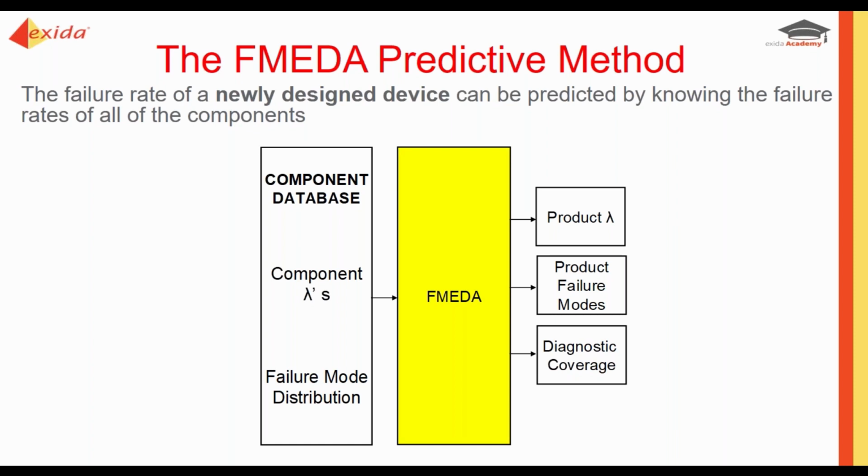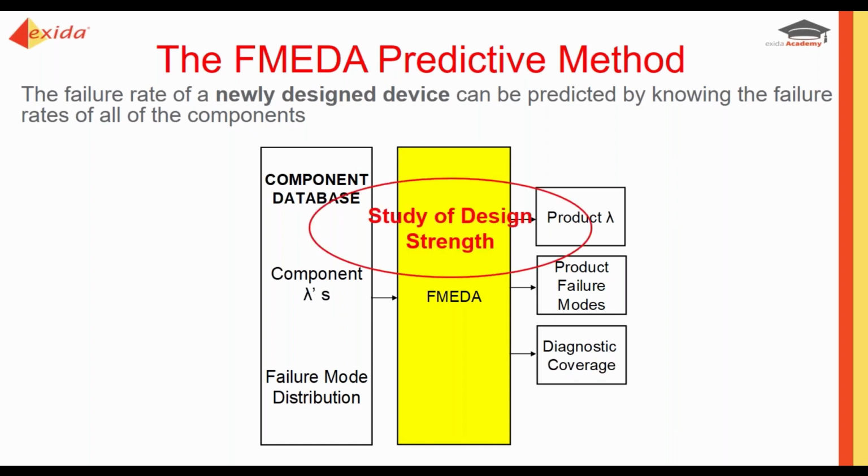When we talk about an FMEDA, your failure rates will not only let you know your dangerous failures, or those failures of that valve not closing, but an FMEDA will also let you know the chances of a safe failure happening, or what are the chances of that valve closing when it did not need to.